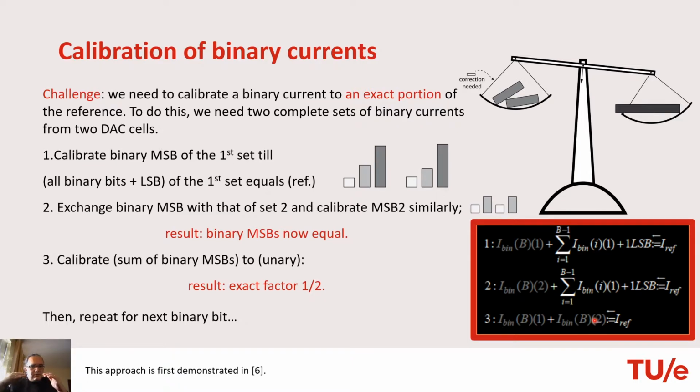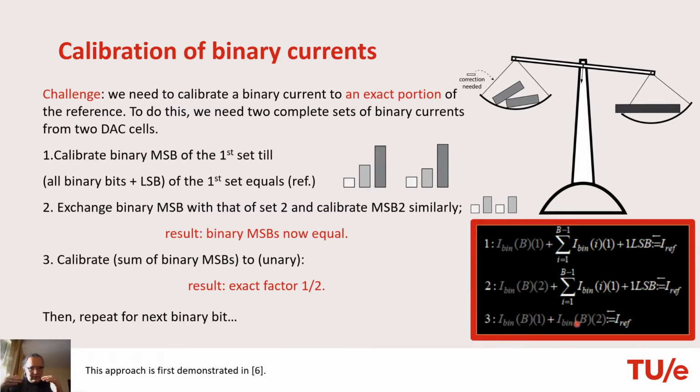And then you change the calibration DAC, so you add or subtract current simultaneously of the MSB of set 1 and set 2.